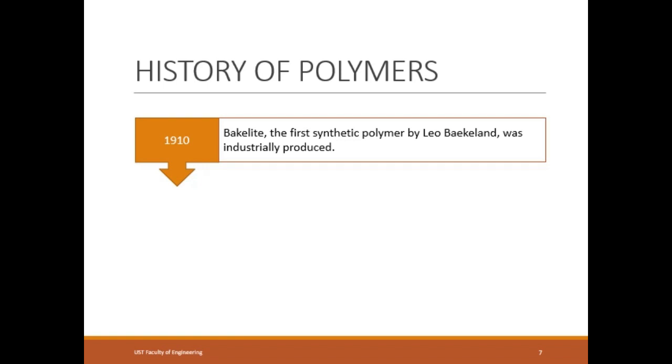For example, before, the primary material that was used to produce billiard balls was ivory, the one from the tusk of an elephant. And obviously, that's a resource that's in limited supply. So there's a lot of interest to come up with alternatives, and bakelite was an example of the first commercial success of an effort to do that.